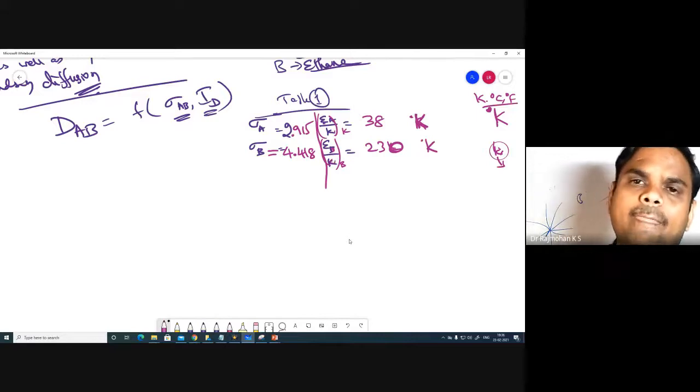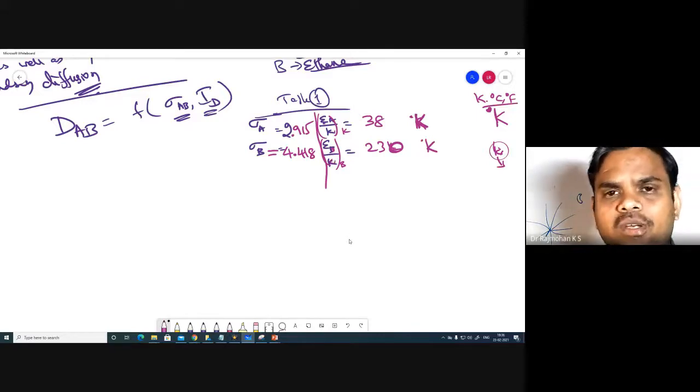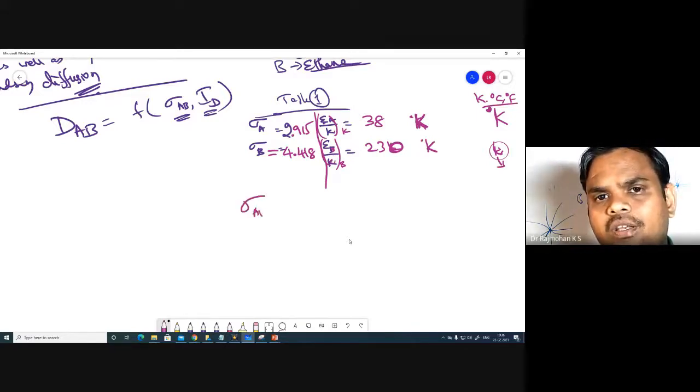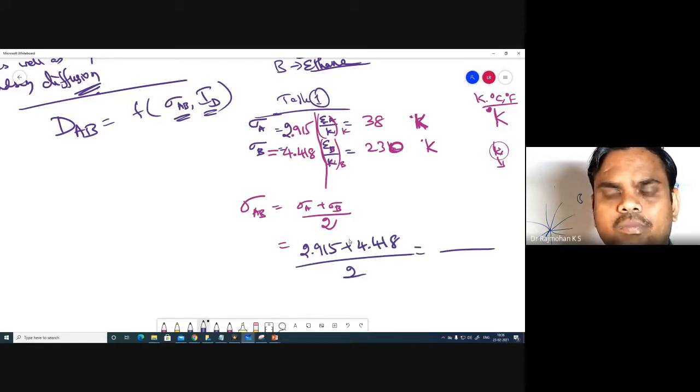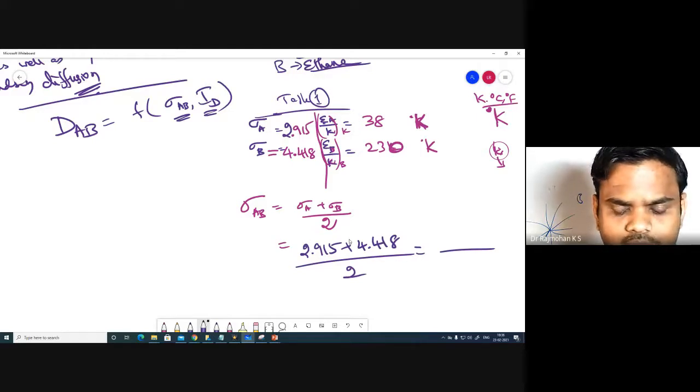Now we have sigma A, sigma B. What is the formula for sigma AB? We have seen that it is equal to (sigma A plus sigma B) by 2. Sigma A is 2.915 plus 4.418, divided by 2, is equal to this much. Please get the value of sigma AB.